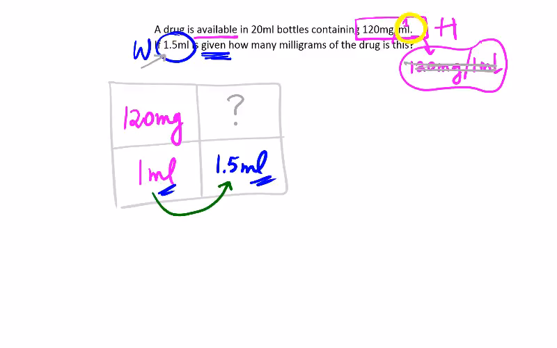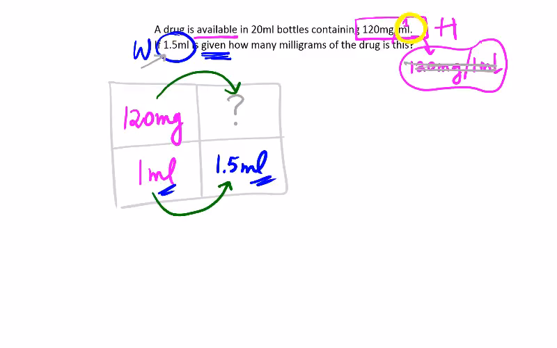So the 120 milligrams won't double, so the answer has to be less than 240 milligrams, but it will go up 1.5 times. So it's 120 plus half of 120. What's half of 120? 60. So 120 plus half, which is 60, should give us 180. So that is our estimate that we keep in the back of our mind.